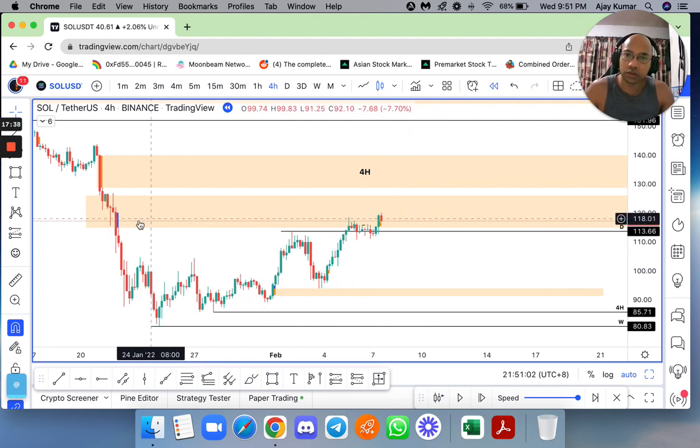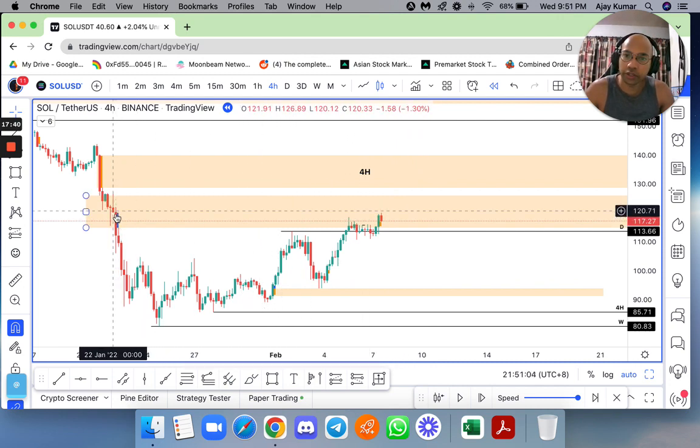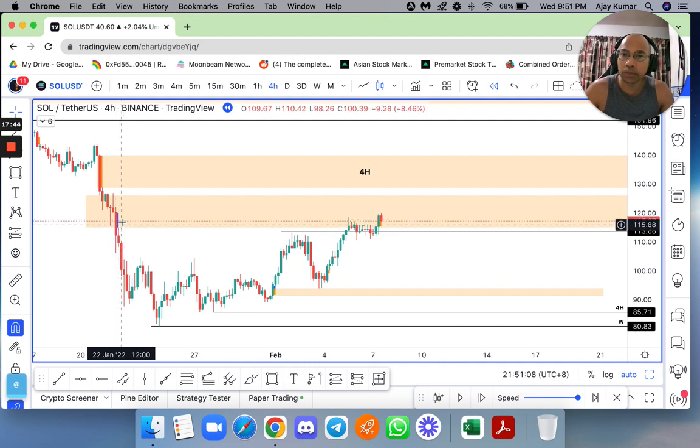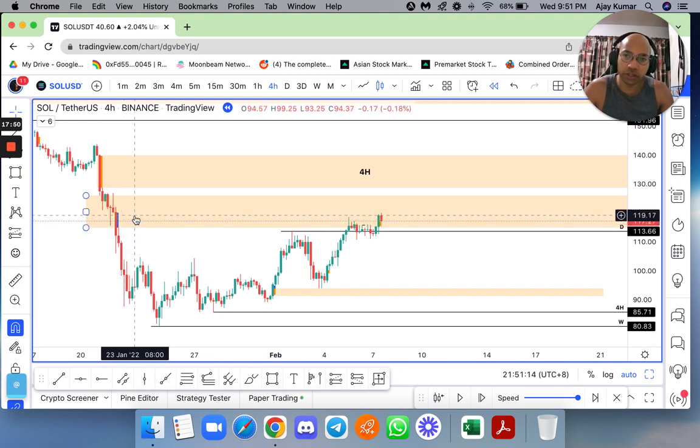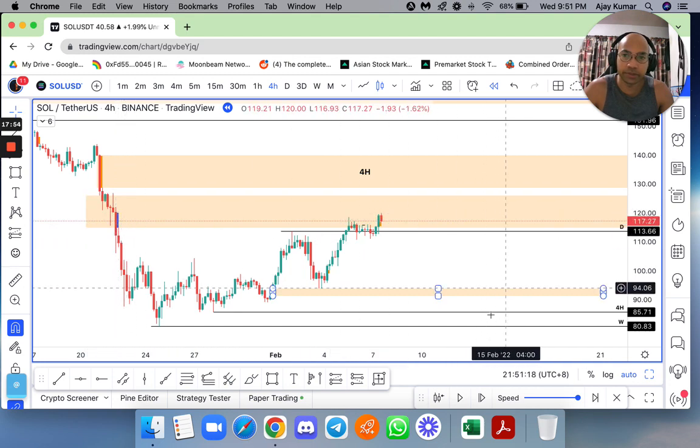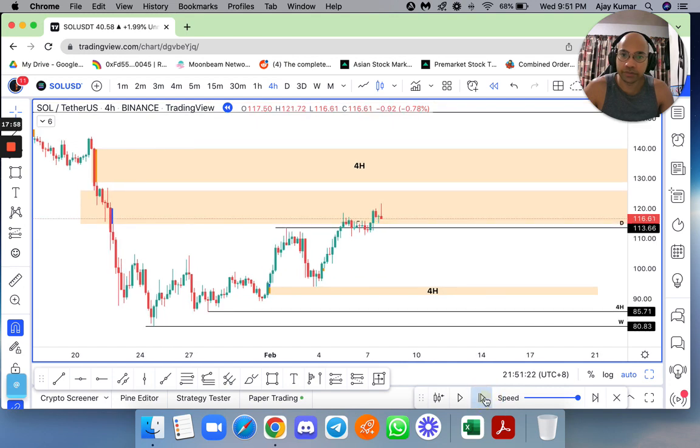But on the 4 hour chart there was a fair value gap here that price filled. That's why this is purple now. That's my setting in the indicator: whenever price fills the imbalance, it changes the color from orange to purple. Let's see what price does now.